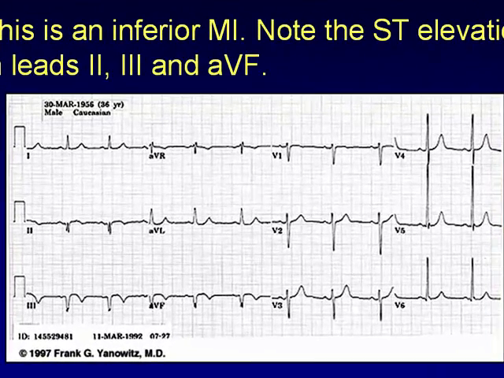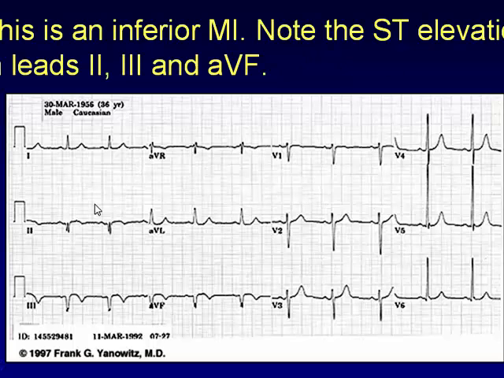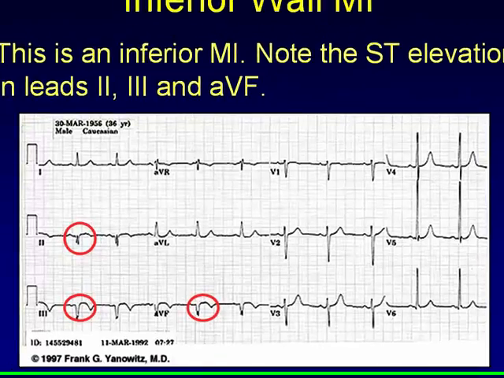Look at the ST elevation on the limb leads, on lead 2 here, and also 3, and also AVF. All the other limb leads are normal. There is no elevation, just here AVF and 3 and also 2. Yes, that's right. There is a myocardial infarction on the inferior wall of the heart. You are very good actually.